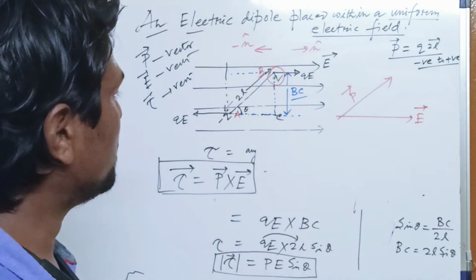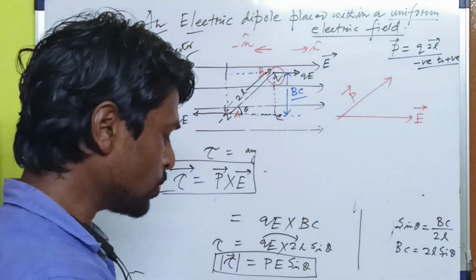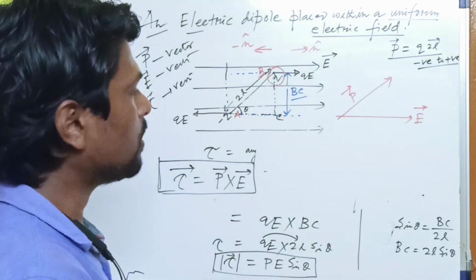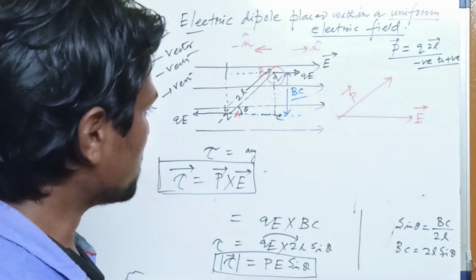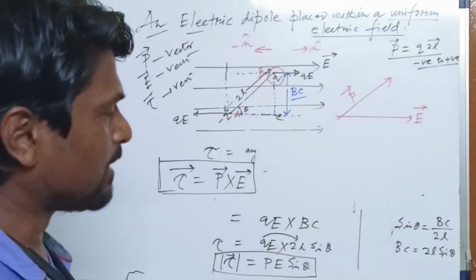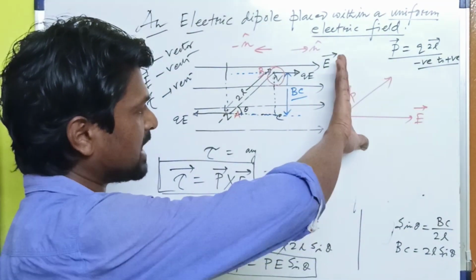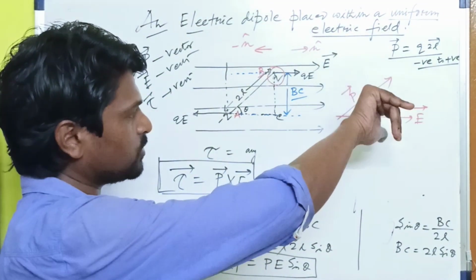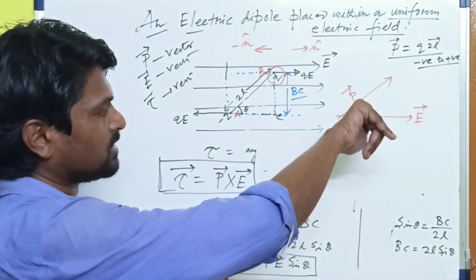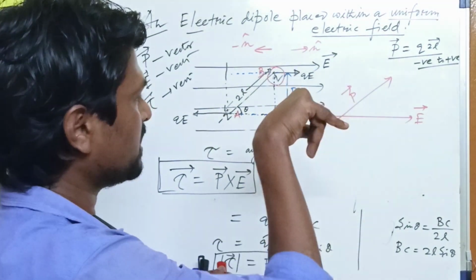So you can apply the right-handed screw rule, or a simple rule, the bottle cap rule. If we turn along this direction, from P to E, the thumb points in the inward direction.